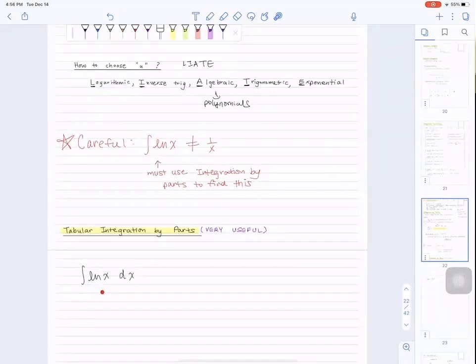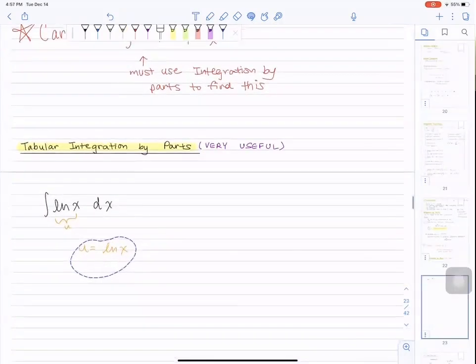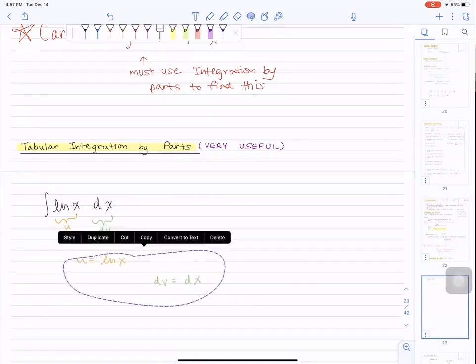Yes, we see a natural log x. So that's the first sign to us that we should choose u equals ln x. Everything else is dv. What's left is just dx.